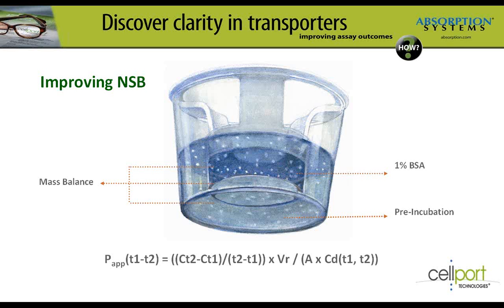We can also assess mass balance by collecting test compound in the donor, receiver, and intracellular compartments in order to get a more accurate determination of efflux ratio. Furthermore, we can modify our calculations. Instead of a traditional Papp calculation, we can utilize an interval approach where we correct for the loss of compound from the donor compartment due to nonspecific binding.